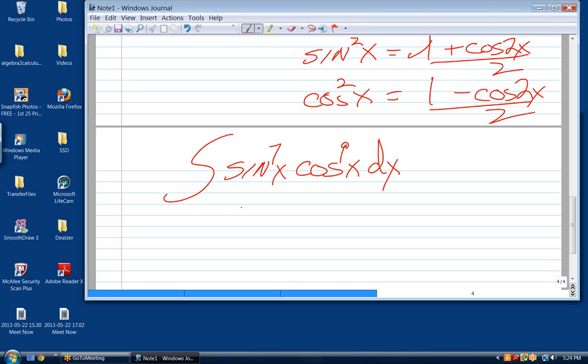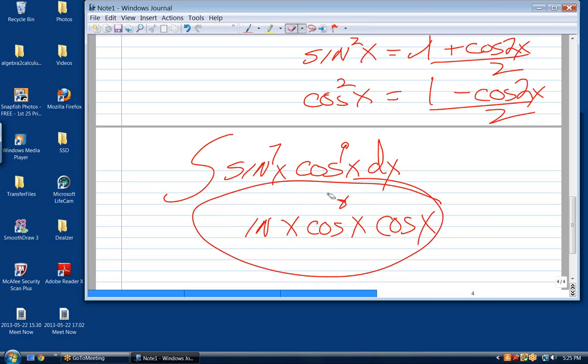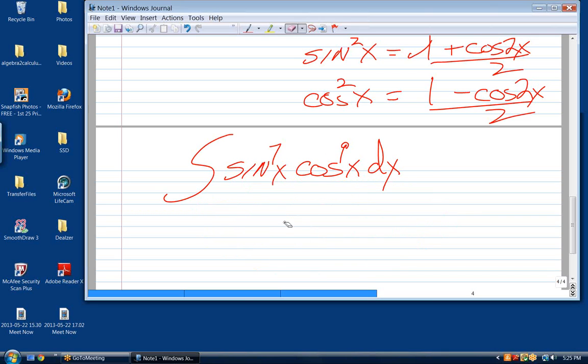In other words, if I pull out a cosine here, now I'm going to convert that completely into sine. It'd be 1 minus sine 8th of x. And then I'll be able to operate on the whole thing easily. So we can do any combination of sine and cosine.